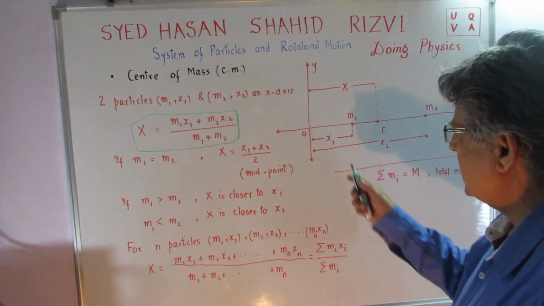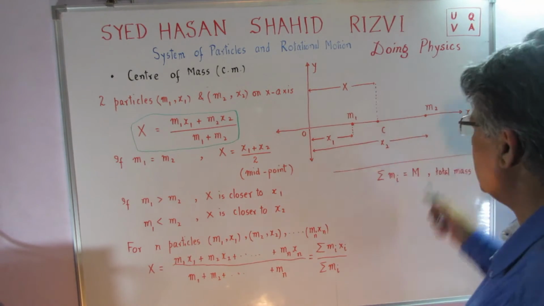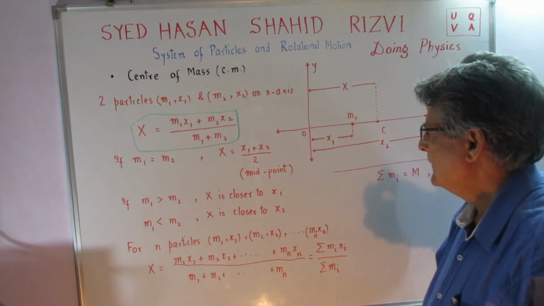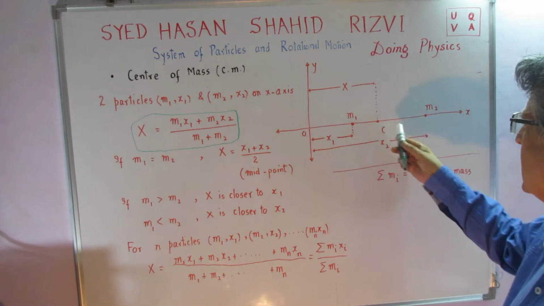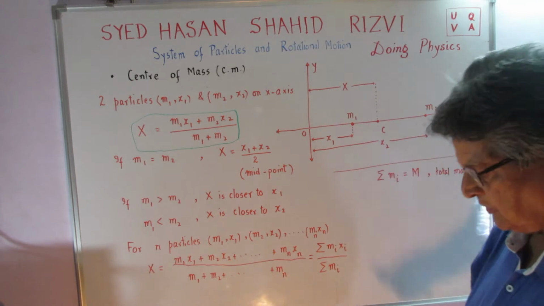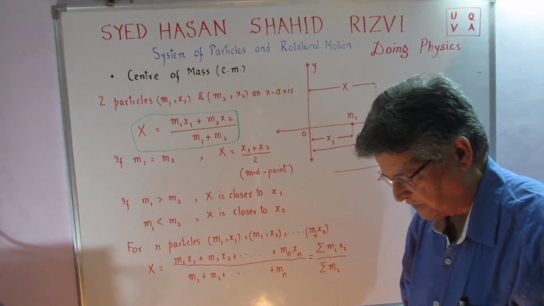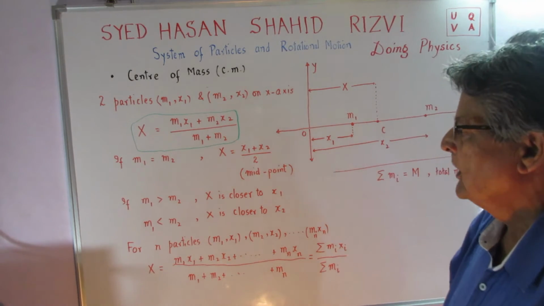Right now I have to concentrate on this line, and I showed you x1 and x2 over here, and this is the center of mass for which the distance from the y-axis is equal to x.